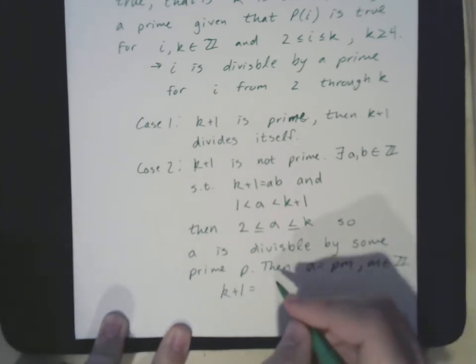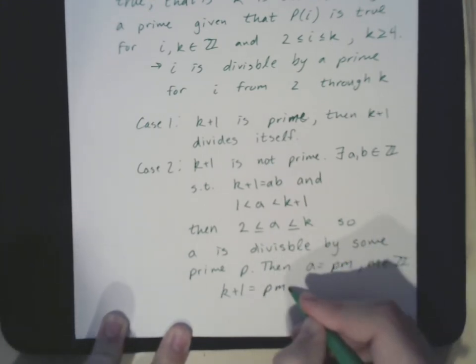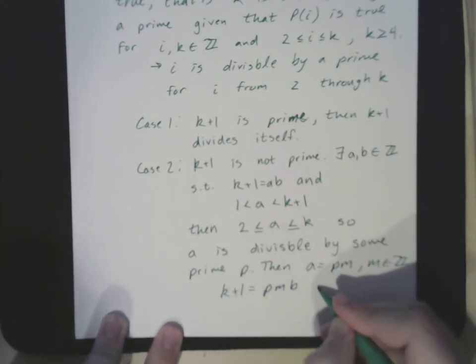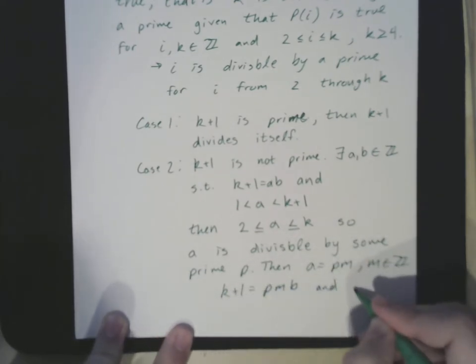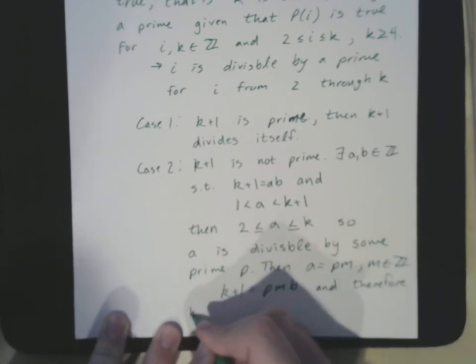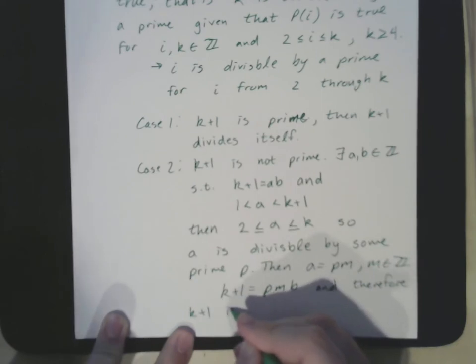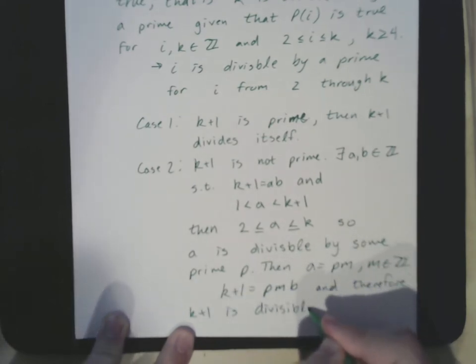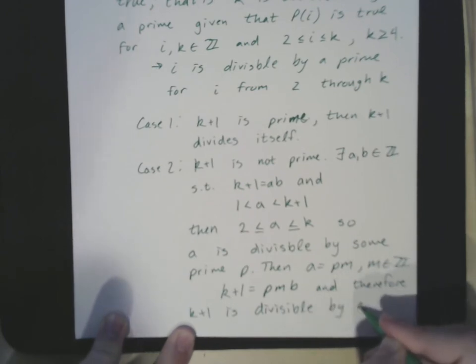So K plus 1 then equals PMB, and therefore K plus 1 is divisible by a prime.